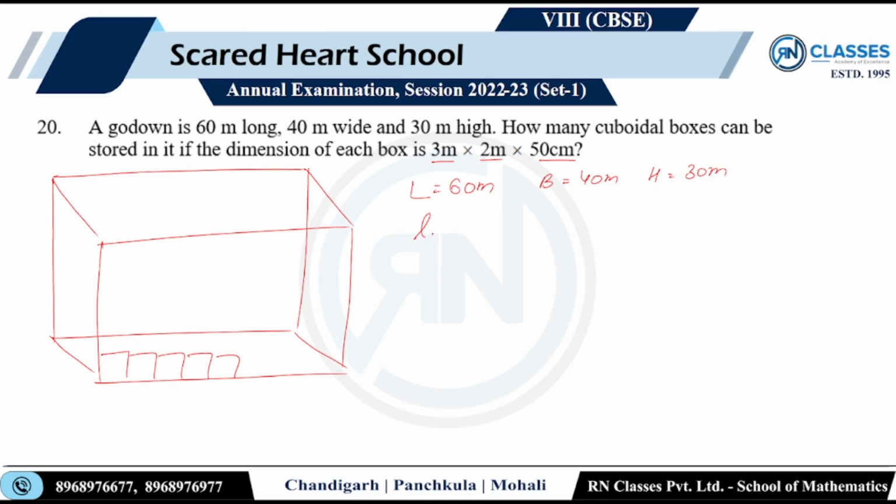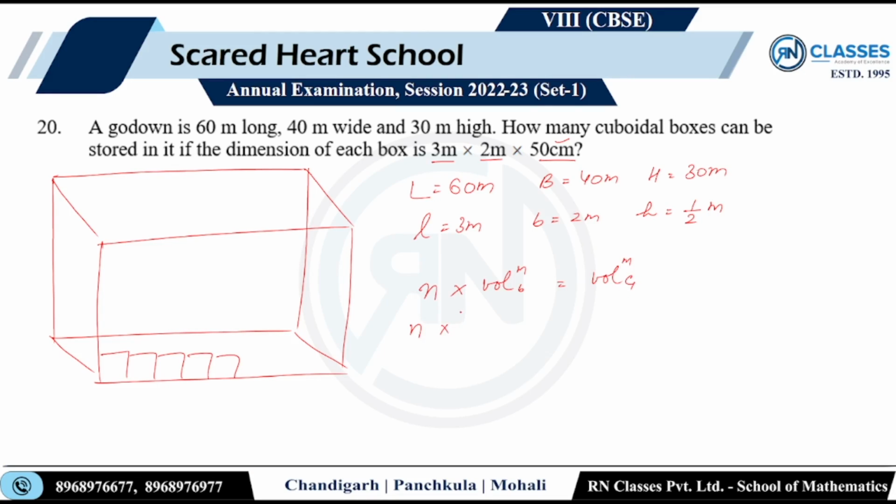ये बॉक्सेस की लेंथ इज 3 meters, breadth is 2 meters and height everything is in meters, so it will be 1 by 2। मैंने डायरेक्टली लिख दिया 50 सेंटीमीटर से 50 by 100 is 1 by 2, right? So now tell me how many boxes? I don't know, n boxes into volume of box will be equal to volume of godown, right?